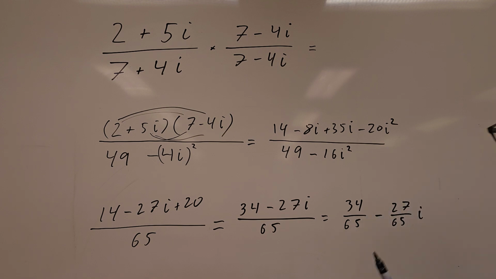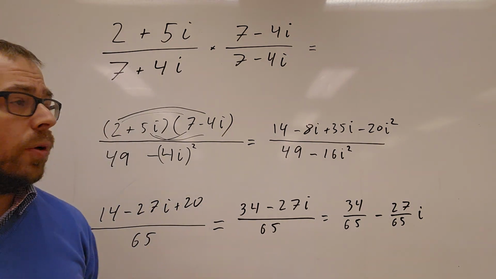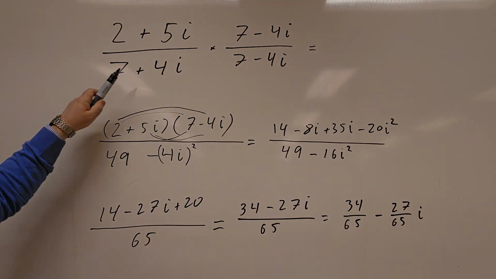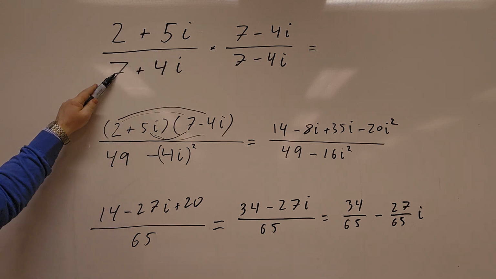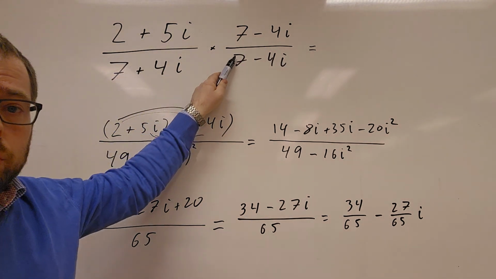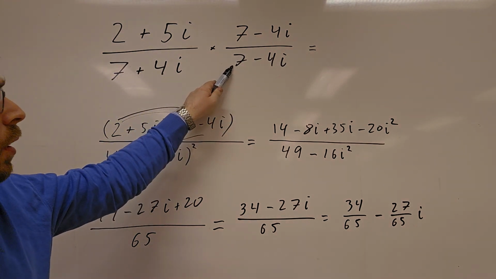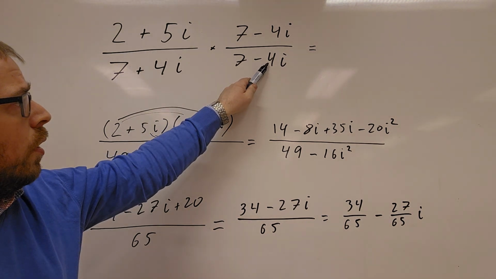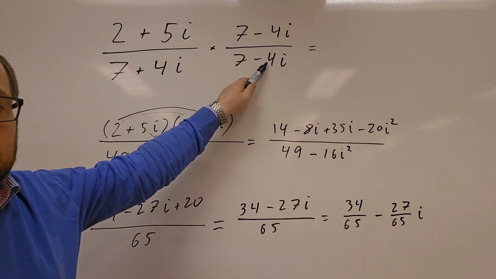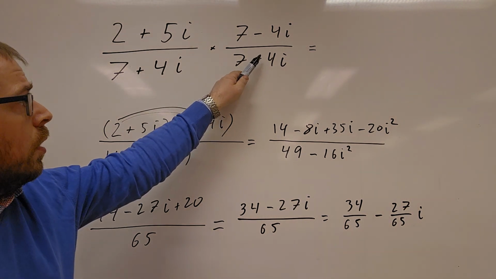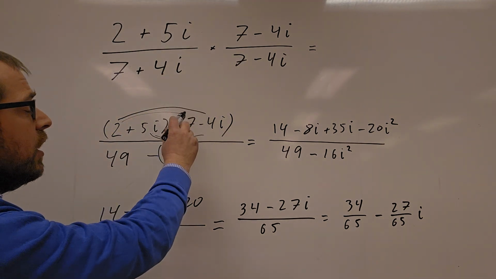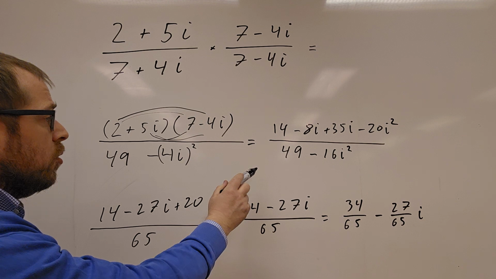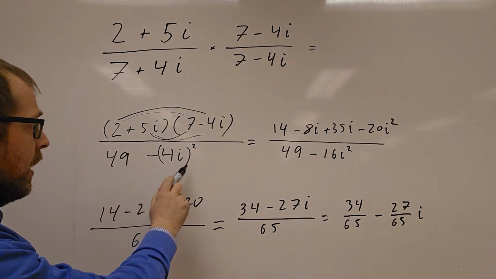So this trick is a method, and it works because if you multiply a complex number by its complex conjugate, same real part but opposite imaginary part, then the result, because of cancellation of the middle terms, will always be a purely real number.